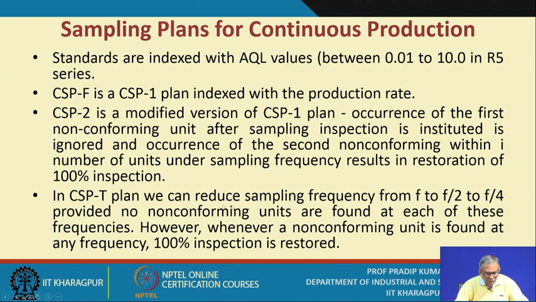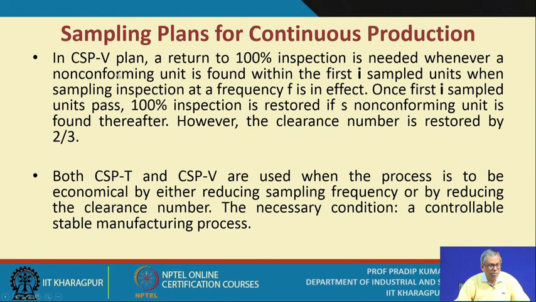Under the CSP-T plan, we can reduce the sampling frequency from f to f/2 to f/4, provided no non-conforming units are found at each of these frequencies. However, whenever a non-conforming unit is found at any frequency, 100% inspection is restored. In the CSP-V plan, a return to 100% inspection is needed whenever a non-conforming unit is found within the first i sampled units when sampling inspection is at a frequency f.